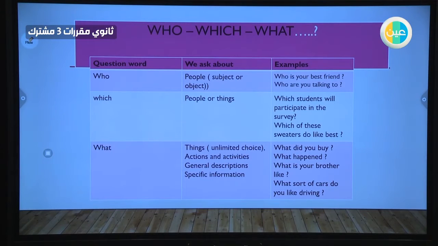Something else we have discussed in this unit is question words. Remember question words? We use who, which, what. Who is for people, whether subject or object. Which is for people or things, and what is for things but unlimited.